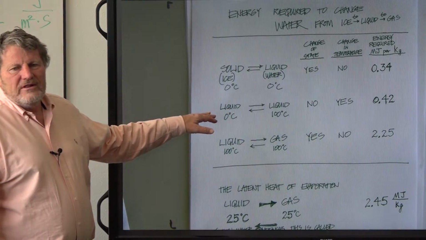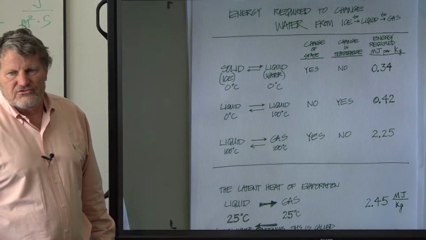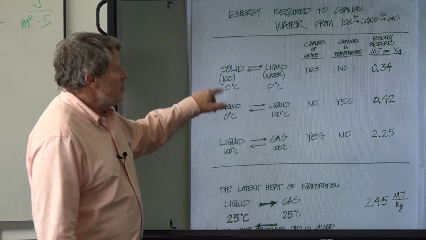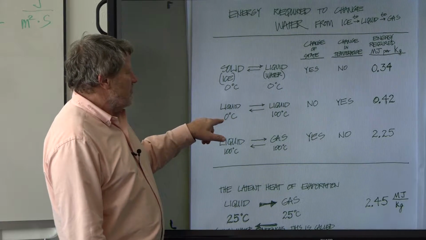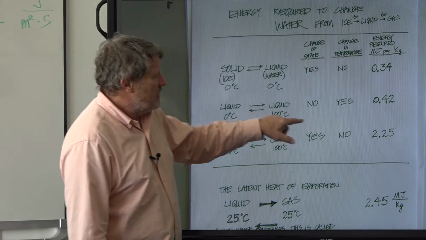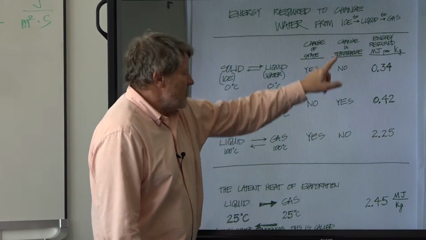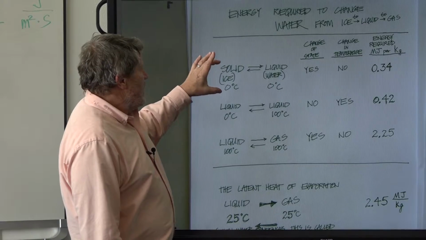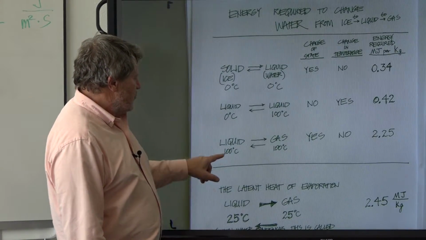Heating up water really doesn't take all that much energy. The energy is in change of state of the water. So the energy required, megajoules per kilogram, to heat water from 0 to 100 is 0.42. No change of state, or there's a big change of temperature, but no change of state. To evaporate, here, let's do the liquid to gas.